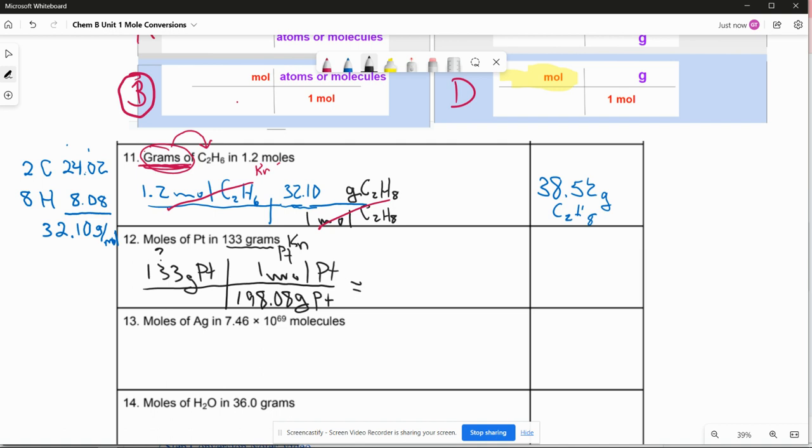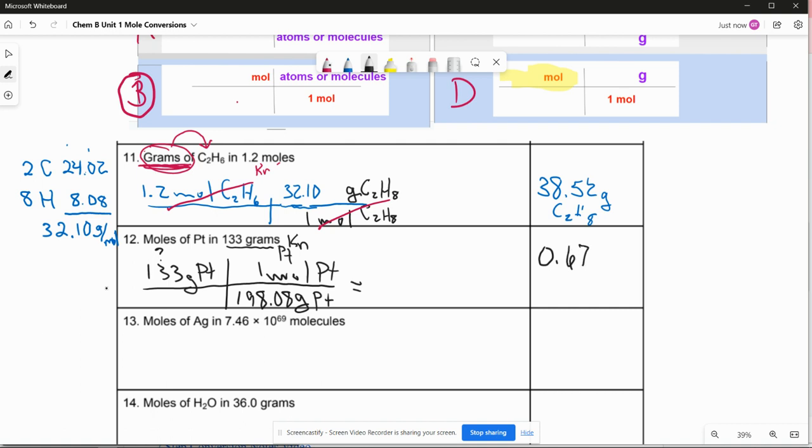So to calculate this, we're going to multiply by the things on the top and divide by the things on the bottom. 133 times 1 divided by 198.08, and we get our answer, and it looks a little less than 1, right? 133 over 198 should be something less than 1, and indeed it is 0.67.